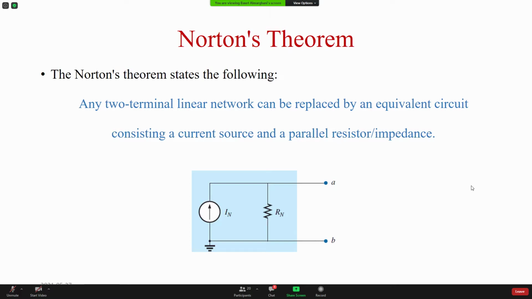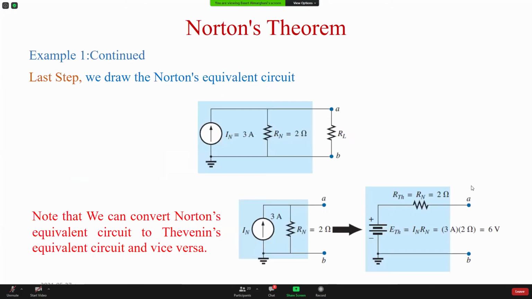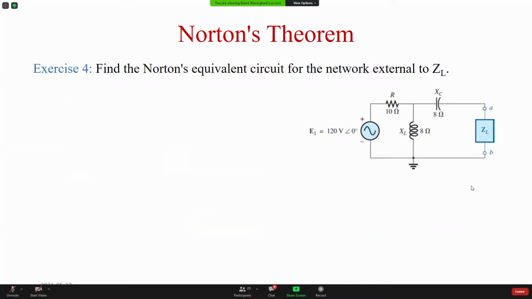It says that we can find an equivalent circuit which is only IN and RN. So whenever it says find the Norton equivalent circuit, you need to find at the end the current source and the parallel impedance, in this case, because it's AC. We have an impedance here.